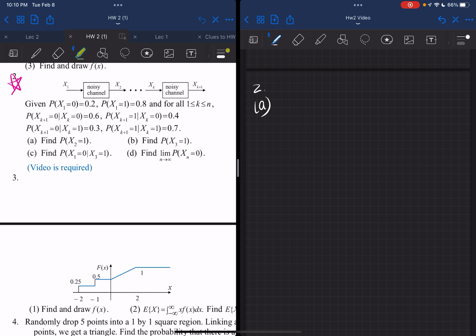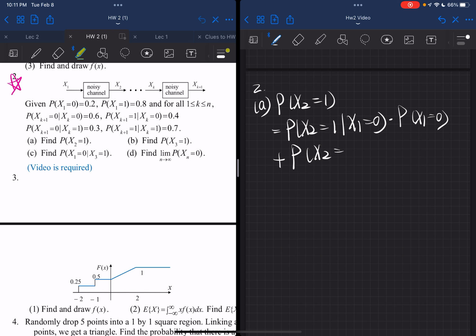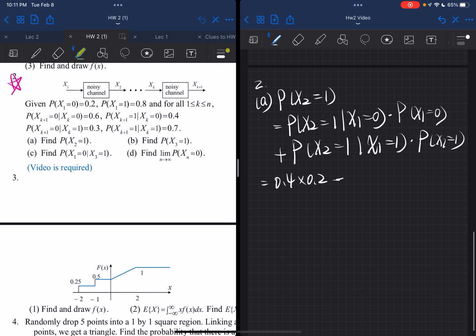We can rewrite it as the probability that x2 equals 1 under the condition that x1 equals 0, times the probability that x1 equals 0, plus the probability that x2 equals 1 under the condition that x1 equals 1, times the probability that x1 equals 1. Plugging in the values we know from the problem, 0.4 times 0.2 plus 0.7 times 0.8, it equals 0.64.